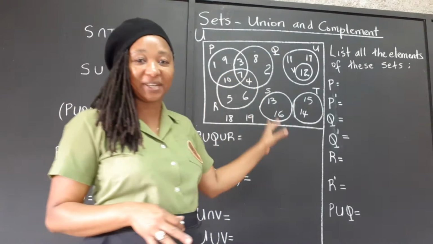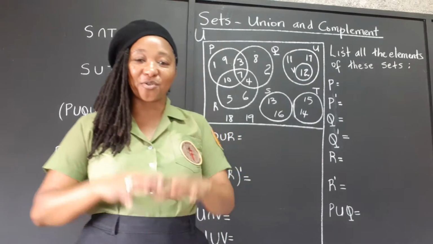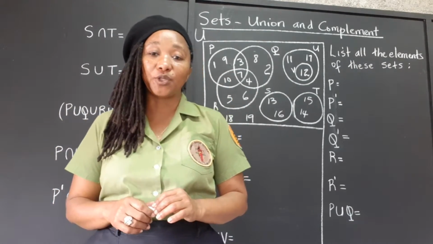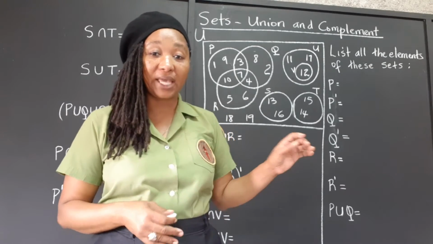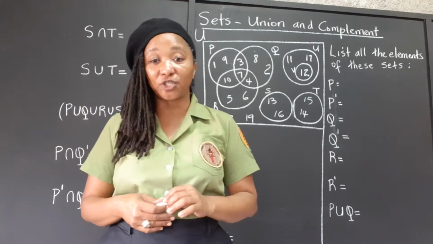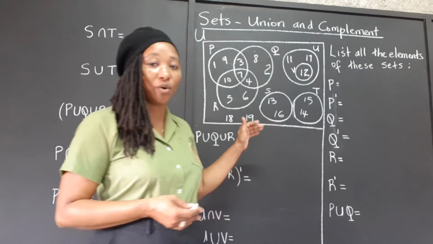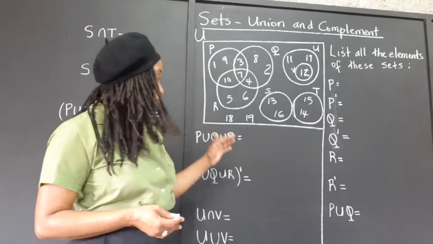So this was very deliberate. It's not that I want to crowd my Venn diagram, but I just want to make sure that you see the different ways that we would be expected to write the union and complement of sets based on how the sets are interacting with each other.